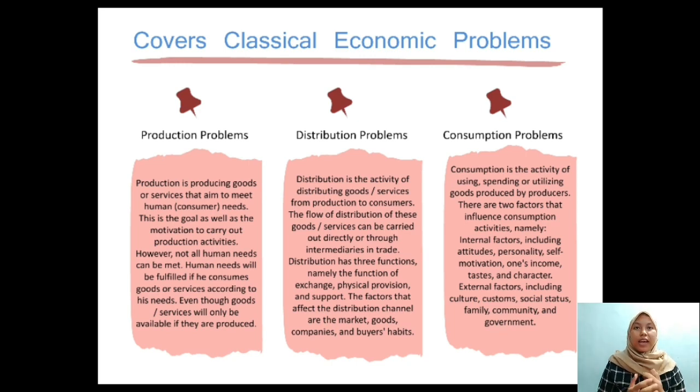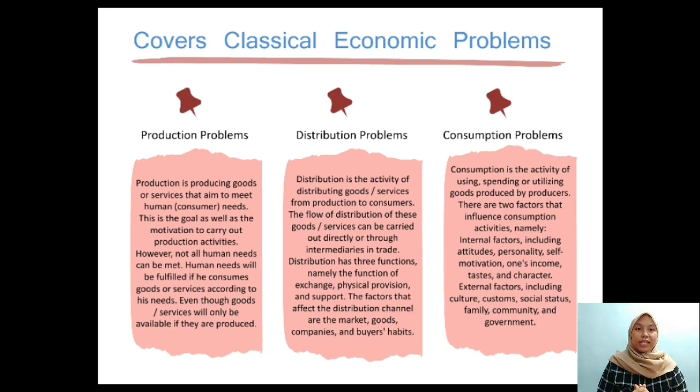This is the goal as well as the motivation to carry out production activity. However, not all human needs can be met. Human needs will be fulfilled if the consumer gets goods or services according to his needs, even though goods or services will only be available if they are produced.